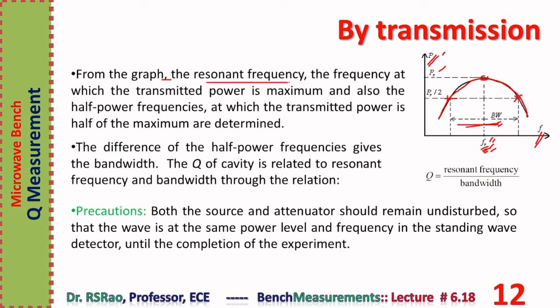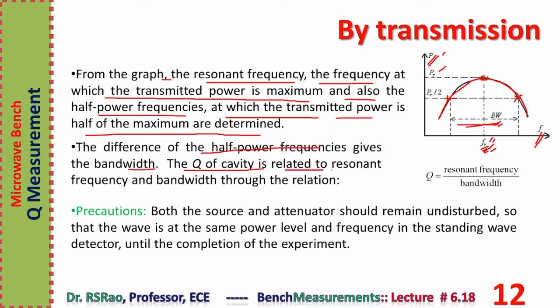From the graph, the resonant frequency, the frequency at which transmitted power is maximum, and also the half power frequencies, at which transmitted power is half of the maximum, can be determined. The difference of half power frequencies gives the bandwidth. Q of the cavity is related to resonant frequency and bandwidth through the relation Q equals resonant frequency by bandwidth.